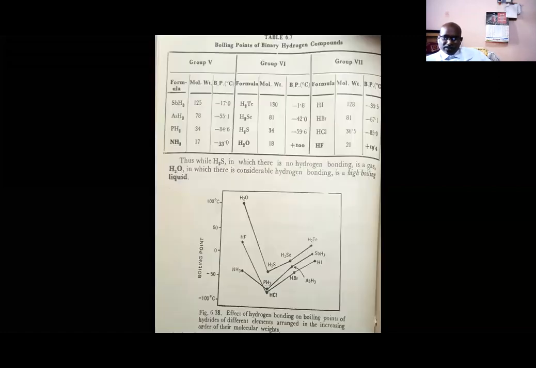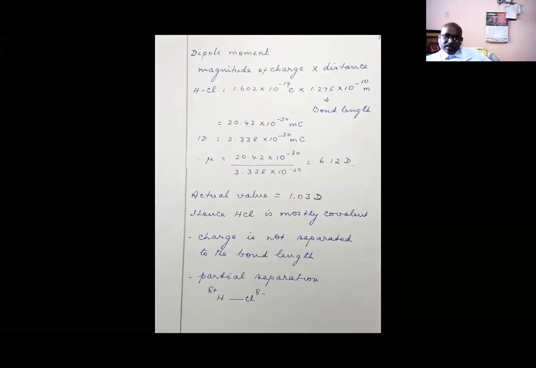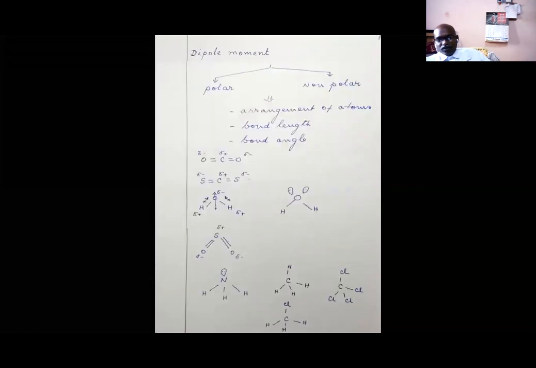So so far we have seen, let me repeat all these things. I have seen what a dipole moment is, and how to calculate the dipole moment of hydrochloric acid, HCl, and also why there is a difference between the calculated value and the experimental value, which shows the partial ionic character of the molecule. And also I have seen the arrangement of atoms, bond length and bond angle, and how they affect the dipole moment of multi-atomic molecules.